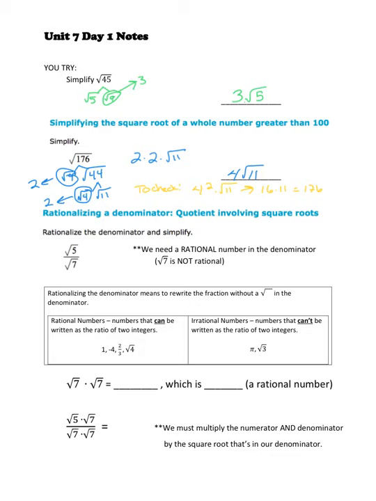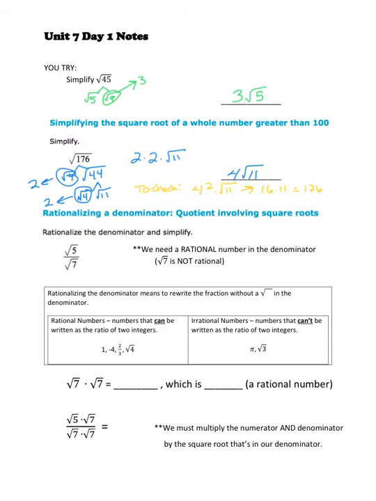But if you put the square root of 9 in your calculator, you get an integer. So the square root of 5 and the square root of 7 are irrational numbers. So when we rationalize the denominator, we're taking the irrational square root of the denominator and we're doing math to make it a rational number, an integer.